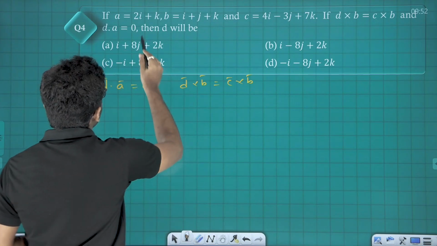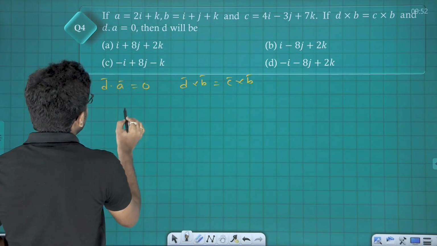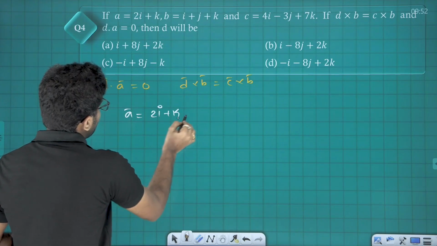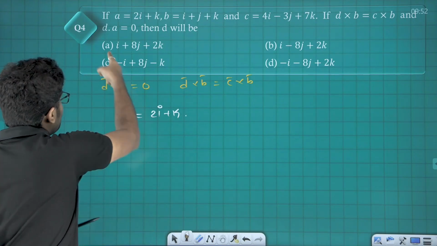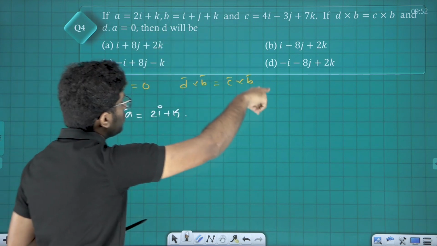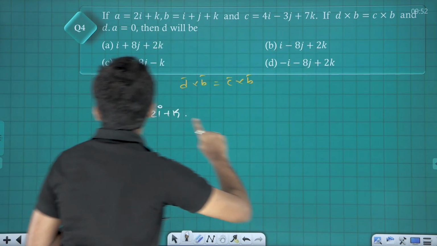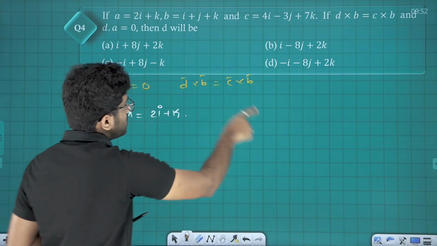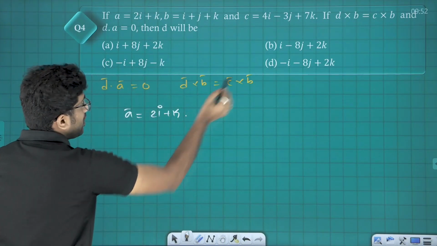Let's see this. A bar is given as 2i plus k. If D bar is this, 2 into 1 plus 2 into 2, 2 into minus 1, k in minus 1, which is clearly option D, friends.